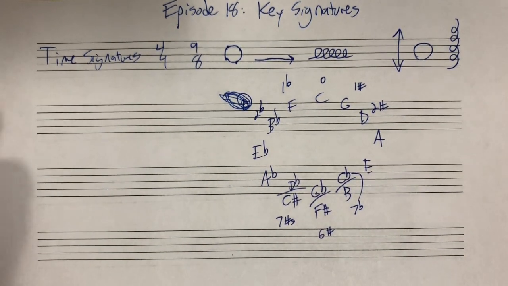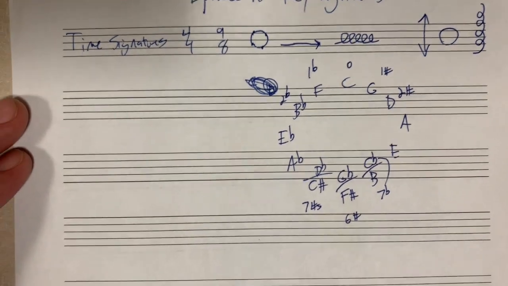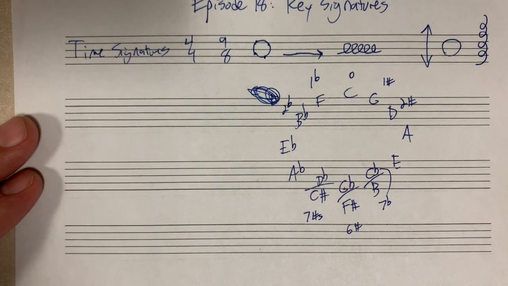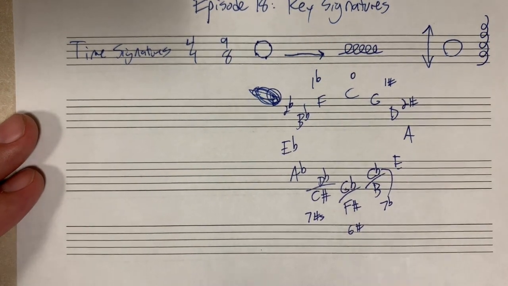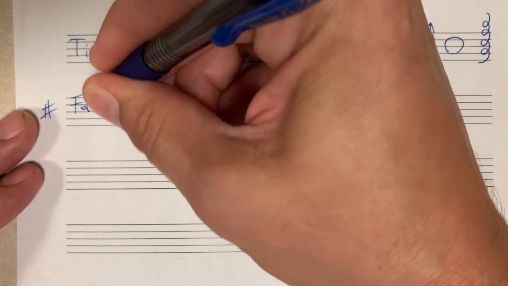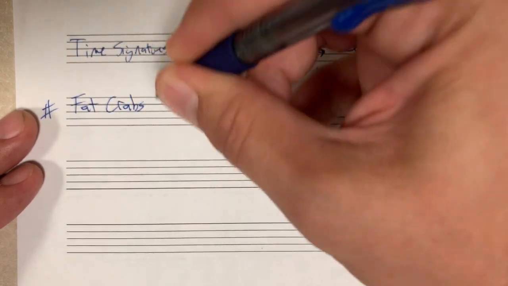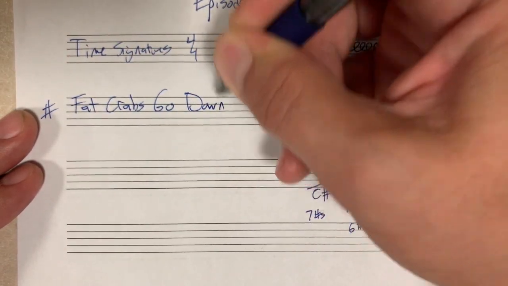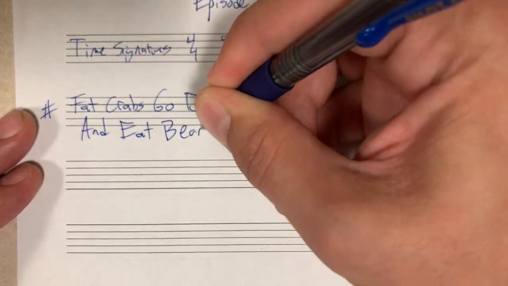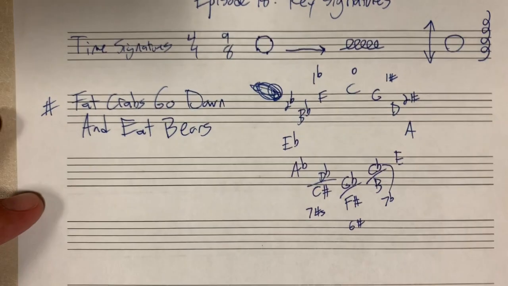And then I gave you the mnemonic devices that my 5th grade music teacher, Mr. Case, taught me. For sharps, that was: Fat Crabs Go Down And Eat Bears. It's the circle of life, it's brutal.